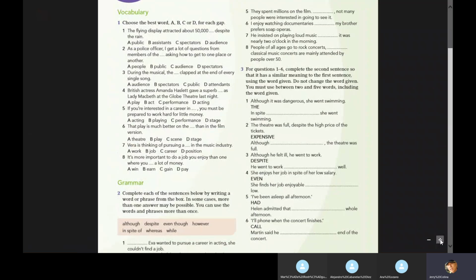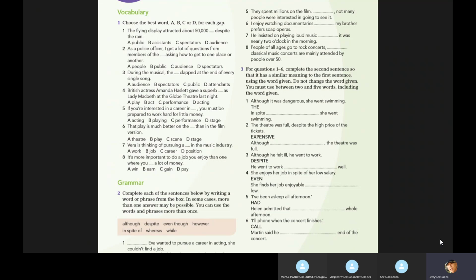The vocabulary. This is the vocabulary that we practice in unit number 8, and they are going to evaluate it in this format. You have to select A, B, C, or D. Number 1, for example, the flying display. Well, a flying display es ese show de aviones que hacen piruetas en el aire.